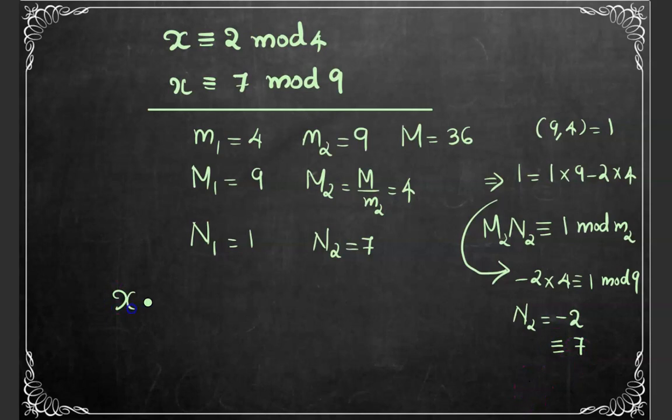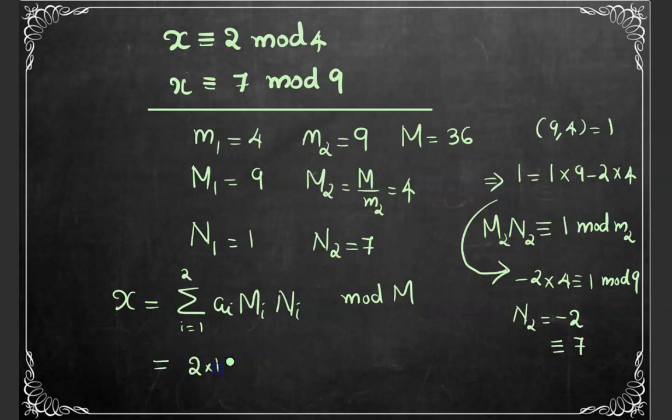Now consider the quantity x equal to sigma ai Mi ni, i varying from 1 to 2 here, modulo capital M. This will be the solution of the system of congruences, and this is equal to 2 into 1 into 9 plus 7 into 7 into 4.